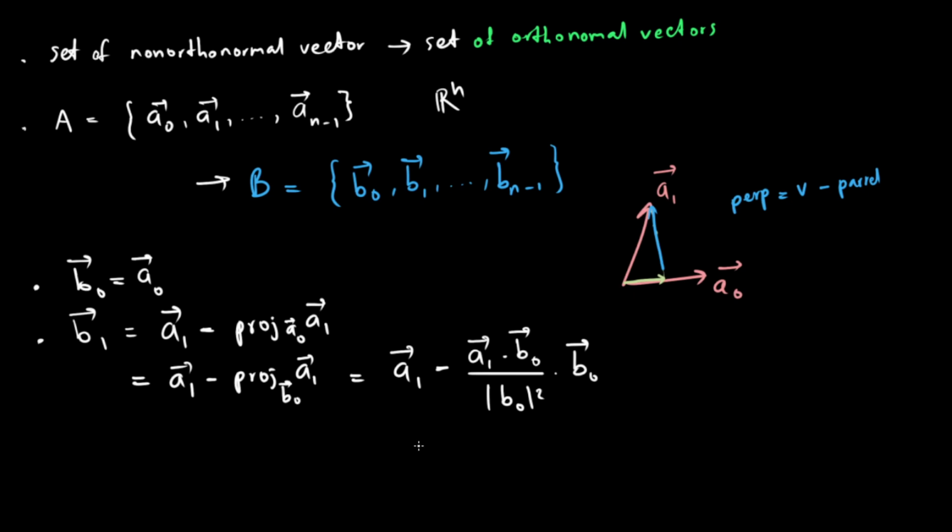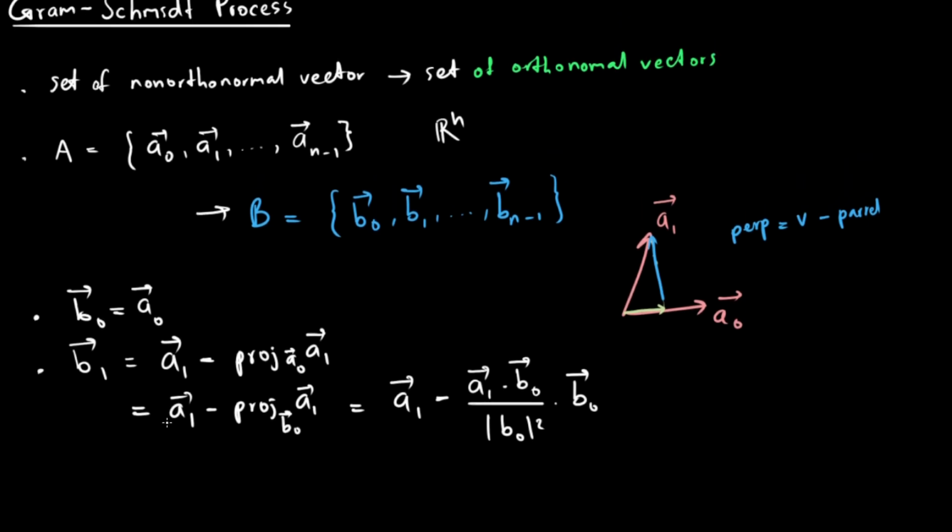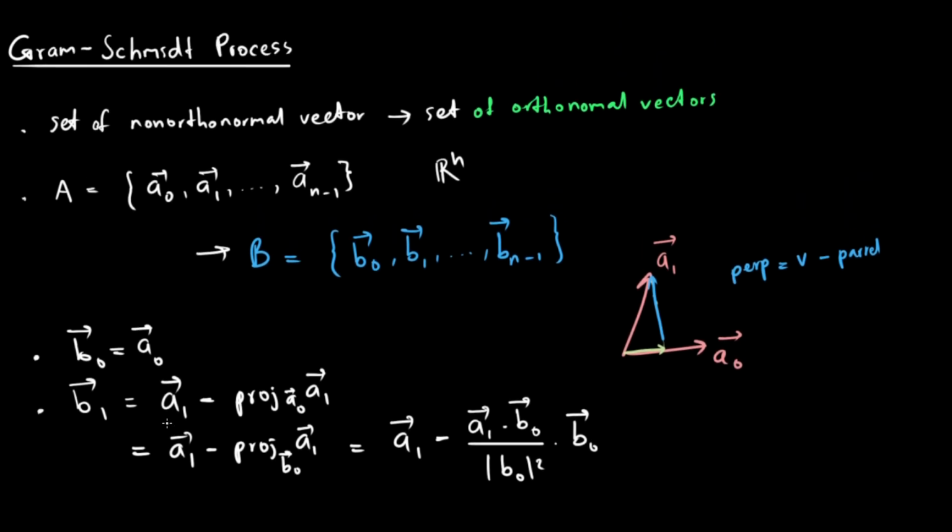This is for B1. In order to get B2, let's think of it this way. B2 has a direction similar to A2, but B2 must be perpendicular to both B0 and B1. In order to do that, we first have A2, right?